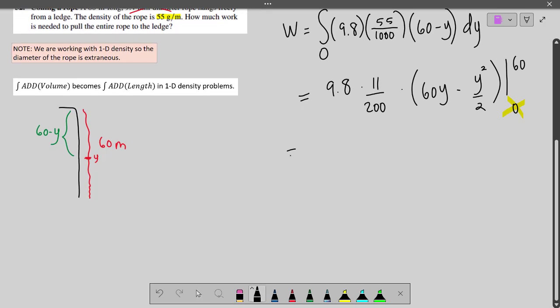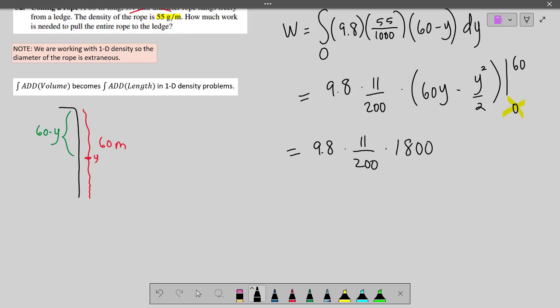So we are going to end up with 9.8 multiplied by 11 over 200 multiplied by 3,600 minus half of 3,600, 1,800. It will be half of 3,600 as the result. We can chop off these 2 zeros. We can make that 2 be a 1 and that 18 be a 9. So somebody multiply 99 times 9.8.